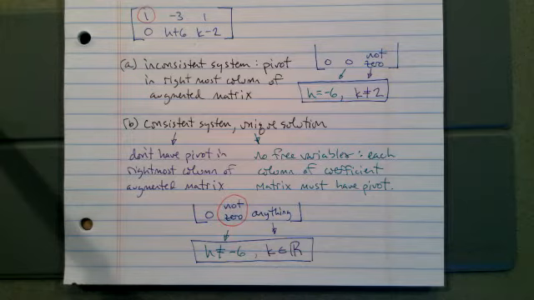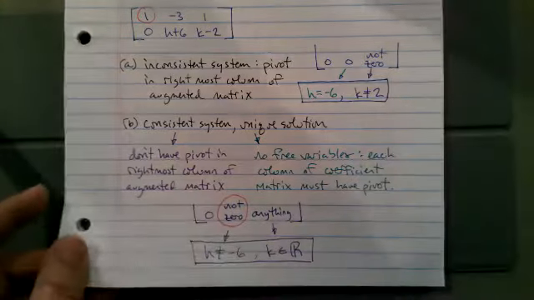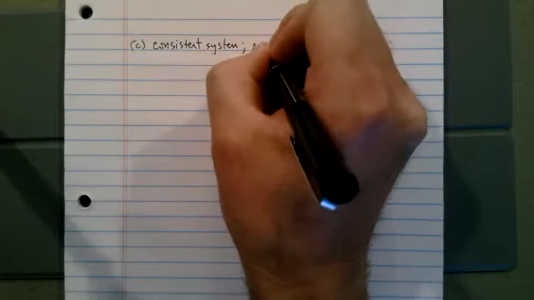For the third part, part C, we want infinitely many solutions. So in part C, we want to find h and k so that we have infinitely many solutions. So it's a consistent system, and there's going to be many solutions.